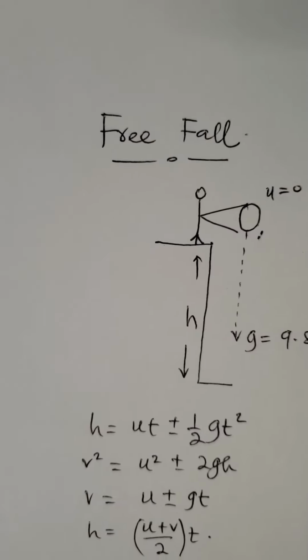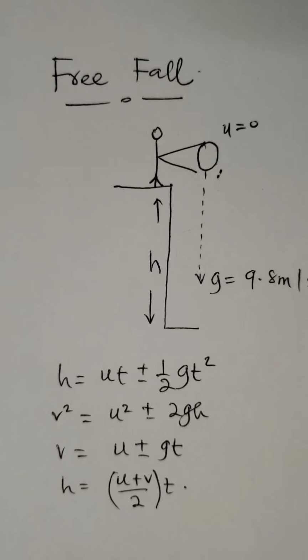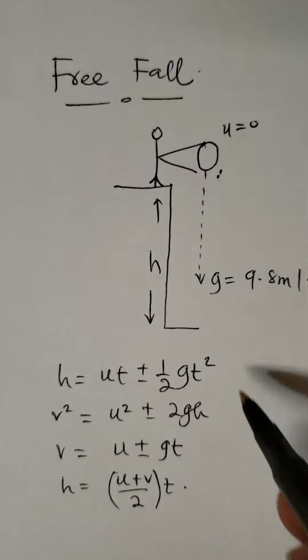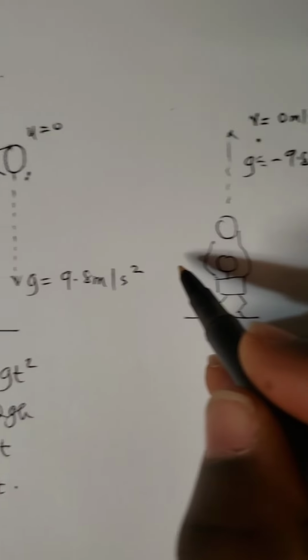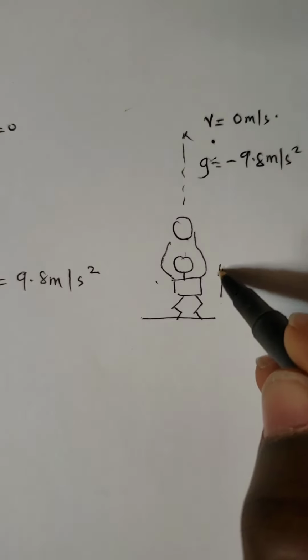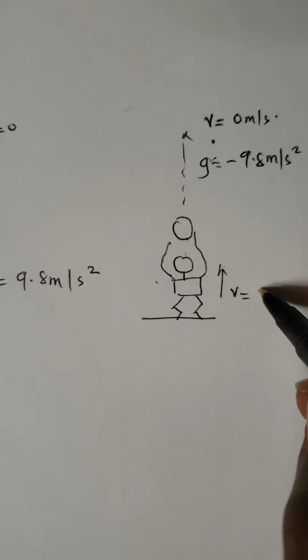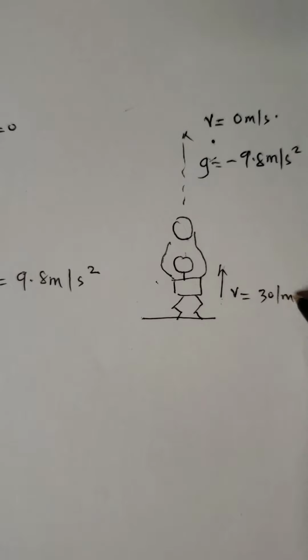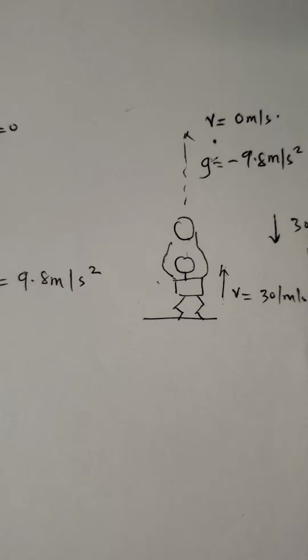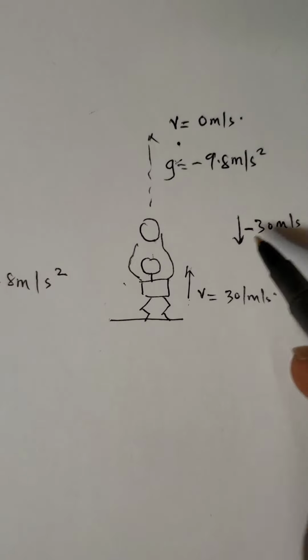What that means is that, let's assume I launch an object up with a velocity of 30 meters per second. Now this ball will go up and return back with the same velocity, 30 meters per second. This is the same magnitude, but the direction will be opposite. So that's what this negative is here.